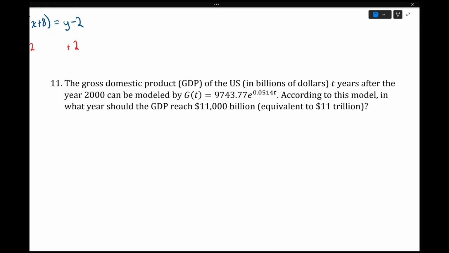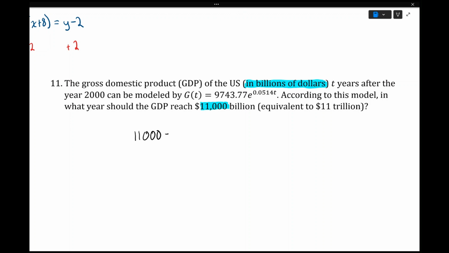This represents that the gross domestic product is growing, which is good. And we want to know when the GDP reaches 11,000 billion. Now, notice the question says that the given model is already in billions of dollars. So that means I don't need to write out 11,000 billion with all its zeros. I just need to use that 11,000.